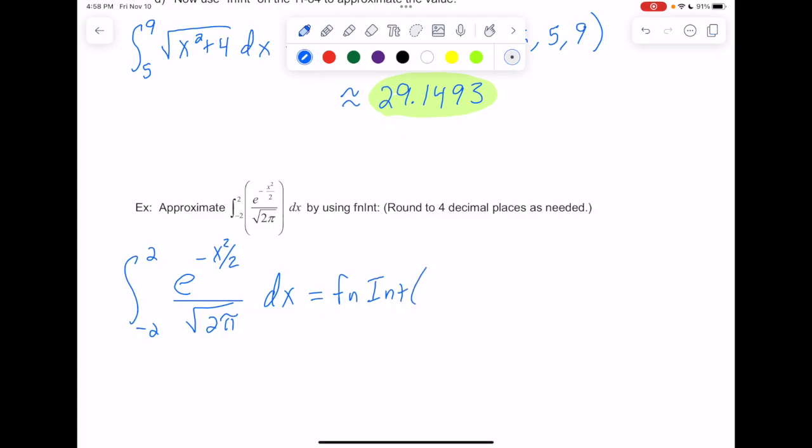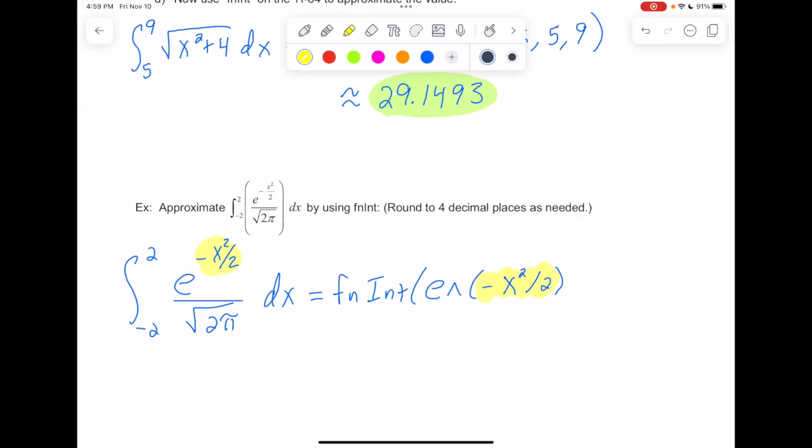Okay, so when you go to do the e to the negative x squared, you'll do e raised, and then you need parentheses, and you have to say negative, and you have to make sure you hit the negative key, not the subtraction key. X squared over 2, end parentheses. So you're making sure that the entire exponent is in parentheses so that e gets raised to all of that.